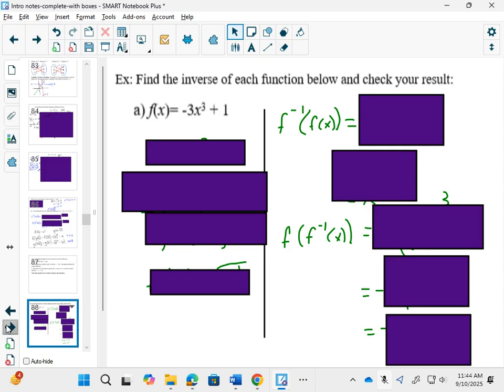Find the inverse and then check using the theorem for both A and B. I'll put the answers up in a bit.